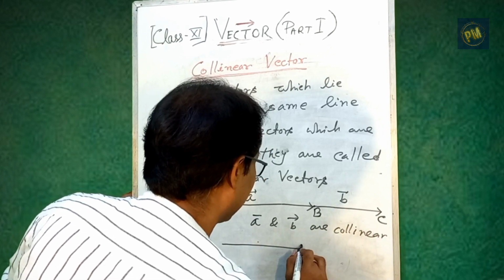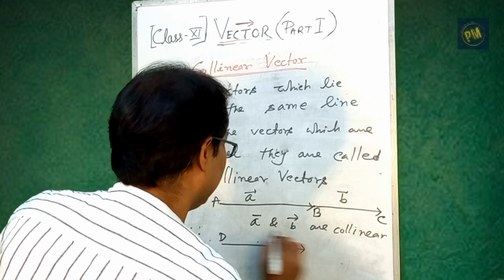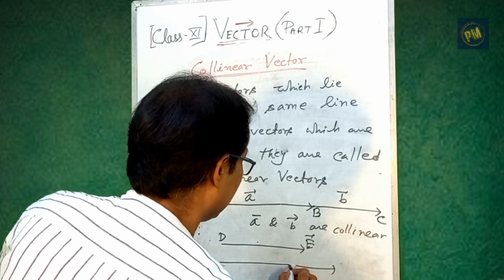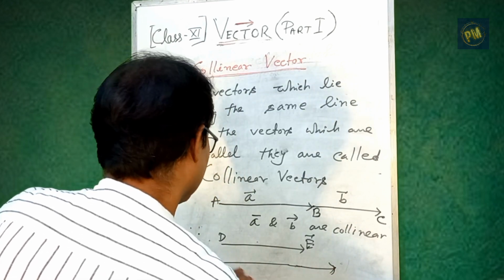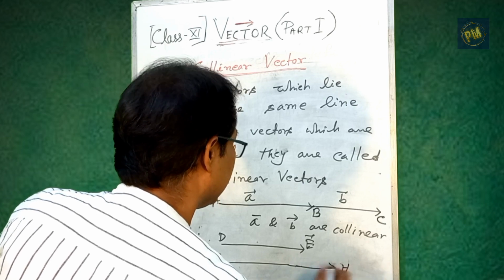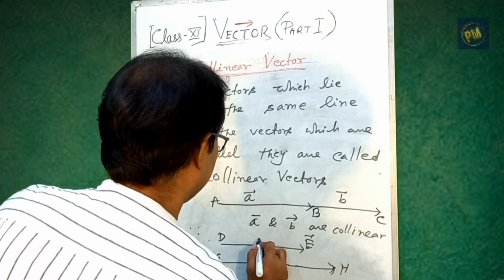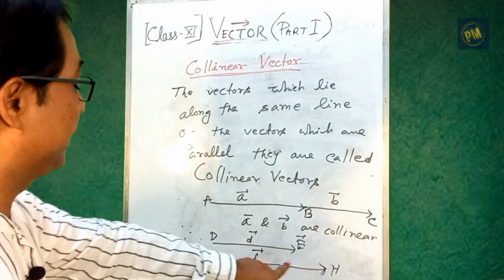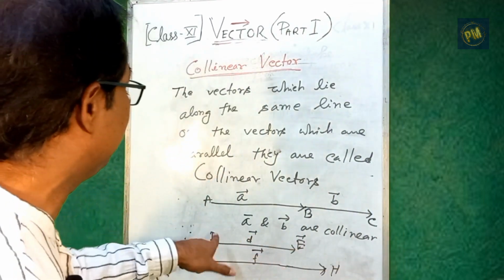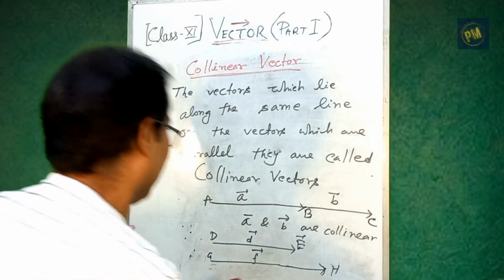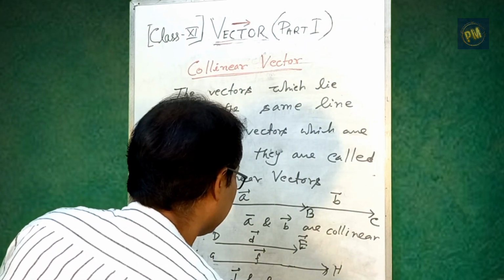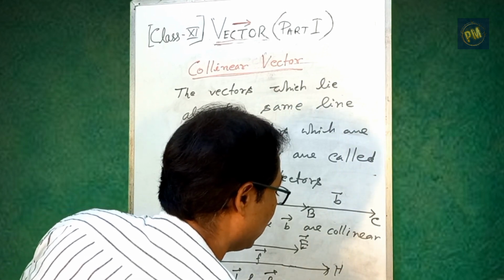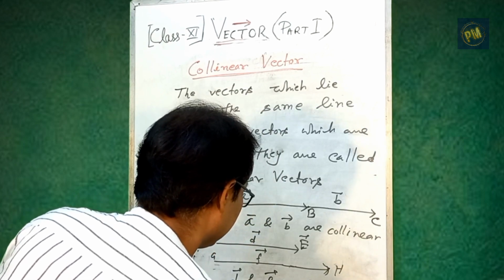And I take another example, DE vector and GH vector. They are parallel, they have the angle 0 degrees, so they are also collinear.